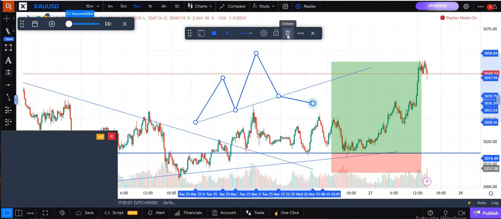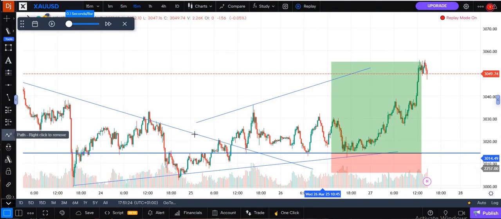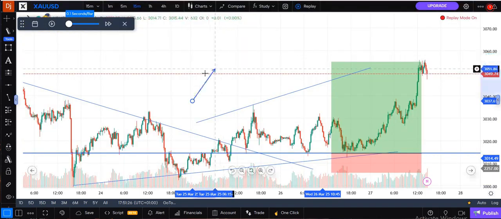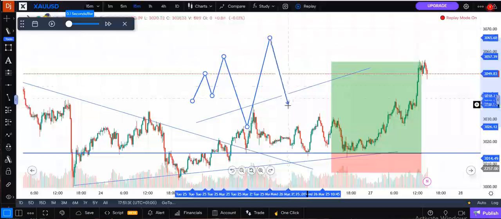The market basically follows a set rule, and its structure doesn't allow it to just do random movements. No, the market doesn't work like that.